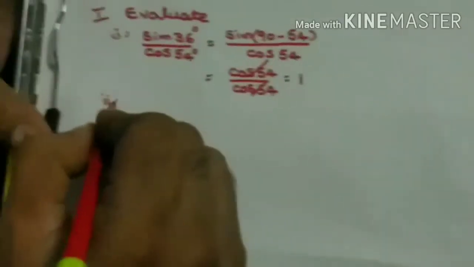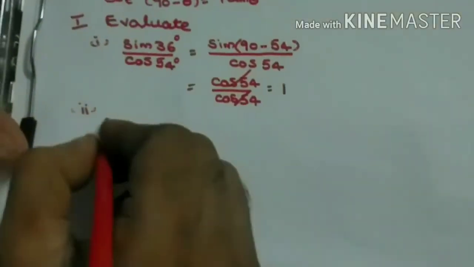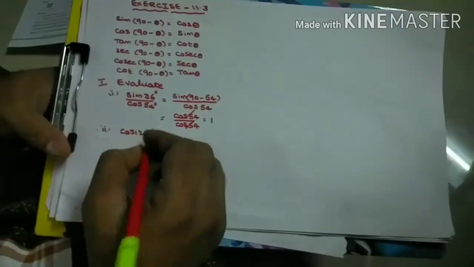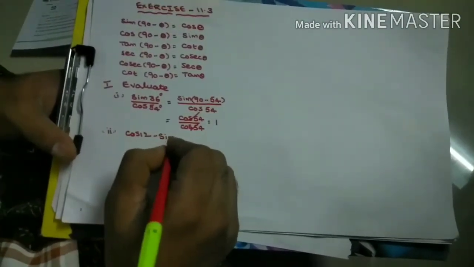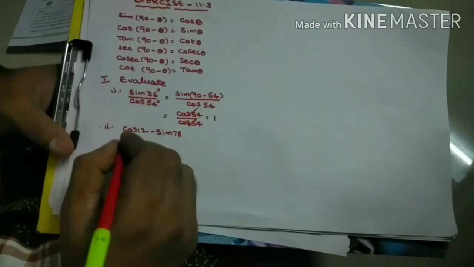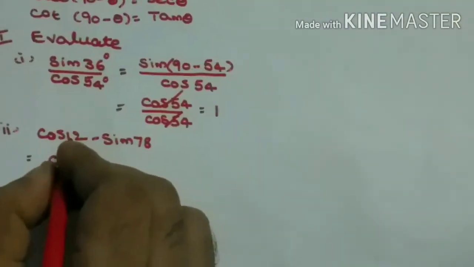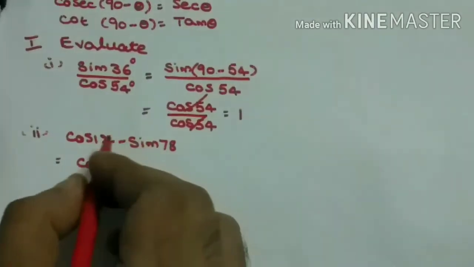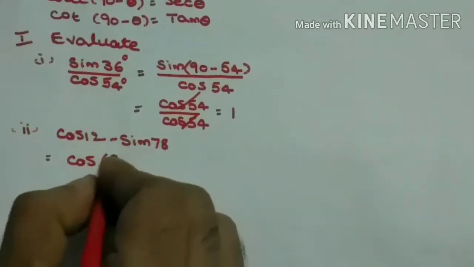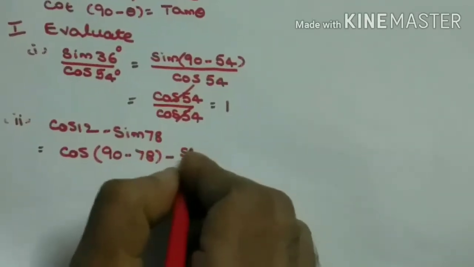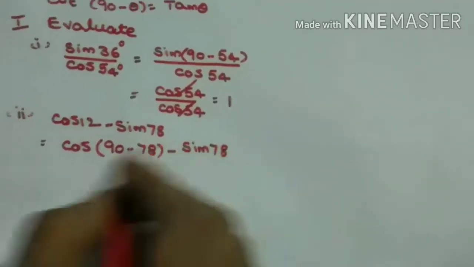Same manner, second problem: cos 12 minus sin 78. What is the complement angle of 12? 78. So write 90 minus 78, minus sin 78.